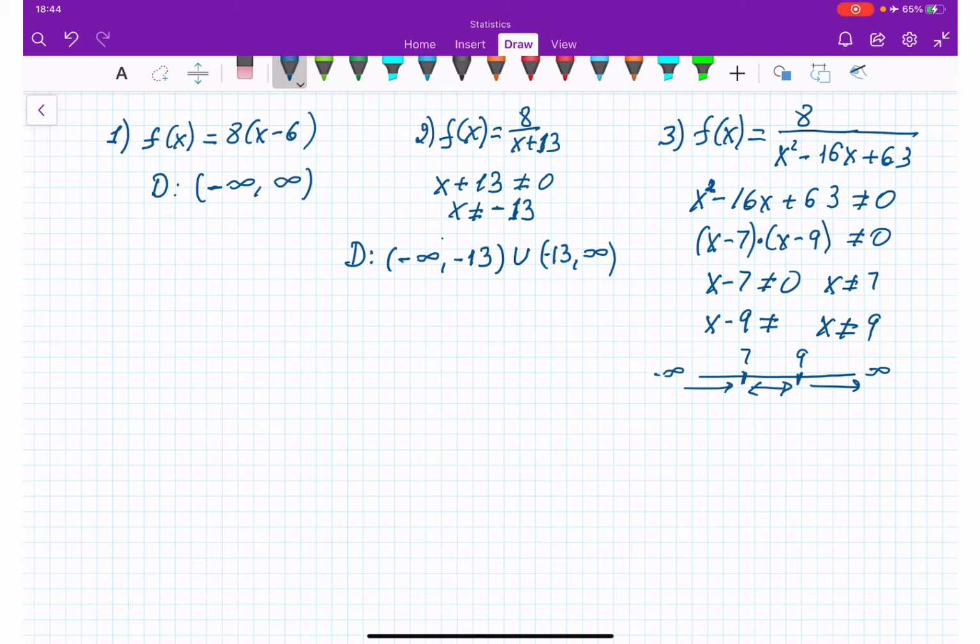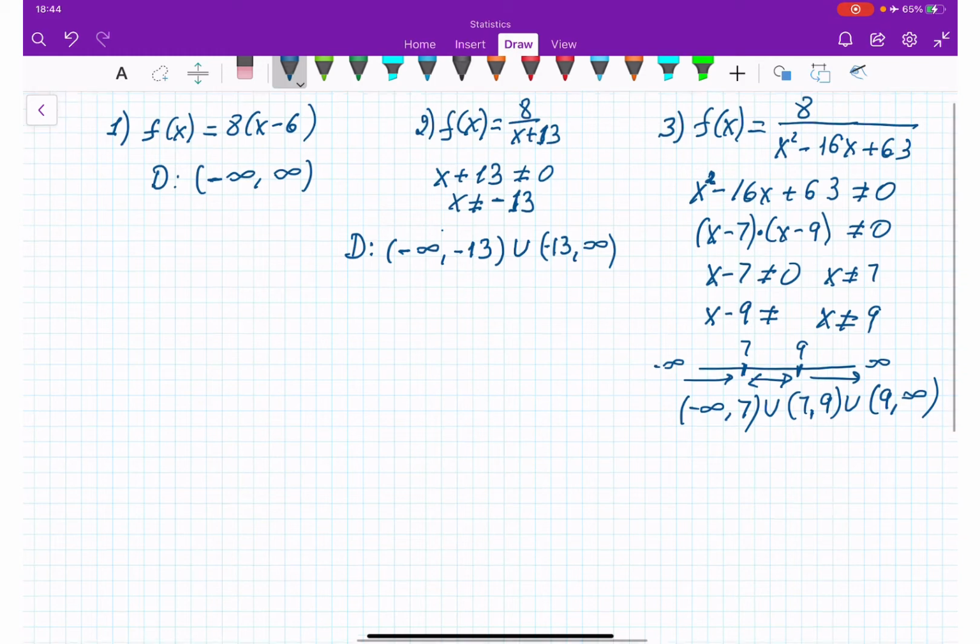Okay? So let's see, from negative infinity to 7, and 7 and 9, and 9 and positive infinity. Yes? Okay. Next one.